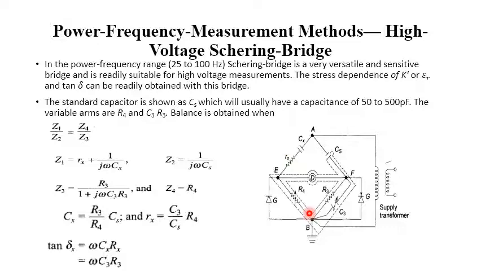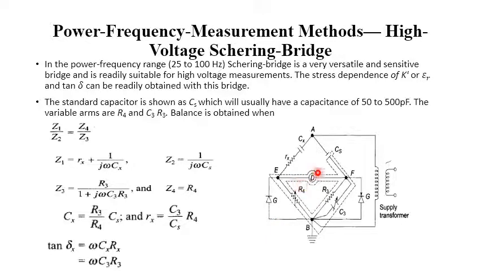The standard capacitance Cs is generally a three terminal capacitor. The low voltage arm, that is R4, R3 and C3, and the detector are enclosed in the ground shield. You can see here, this is a ground shield to avoid stray capacitances during the measurement.